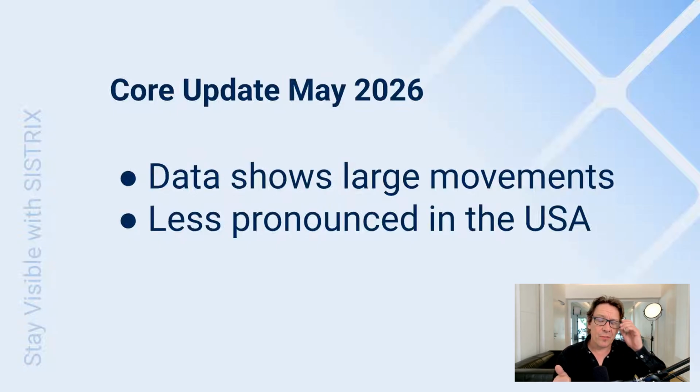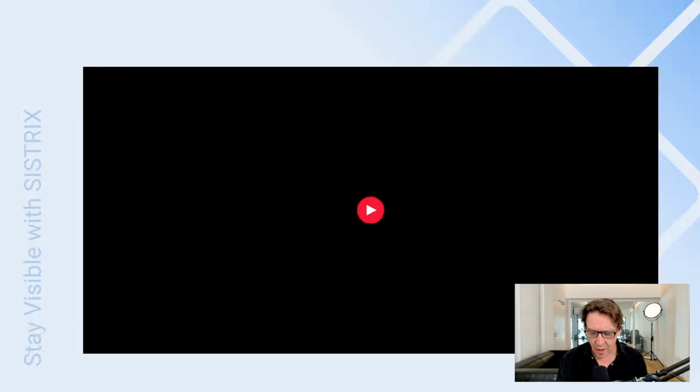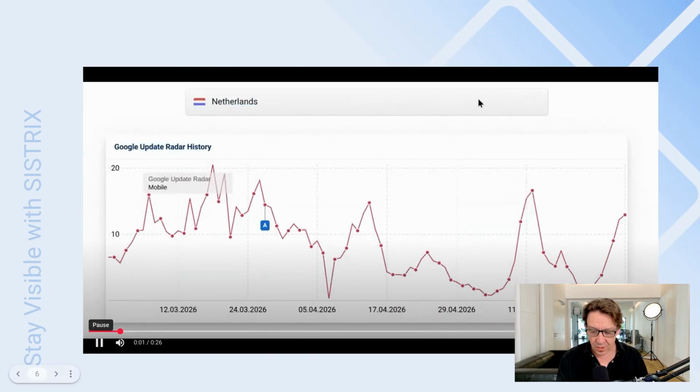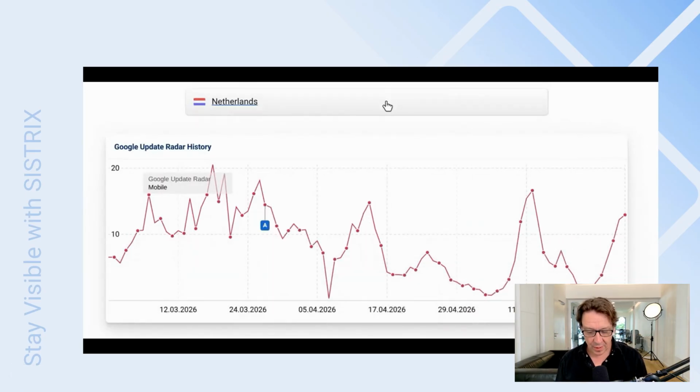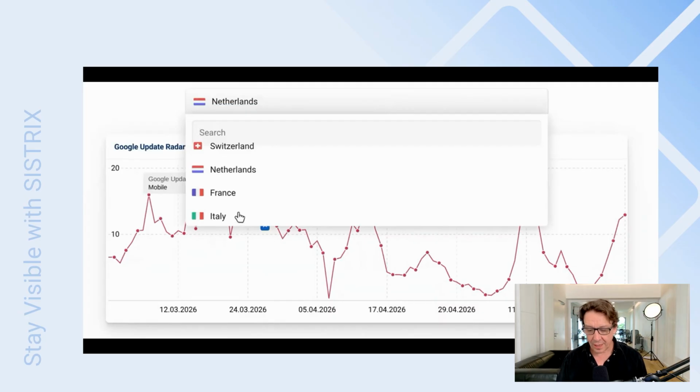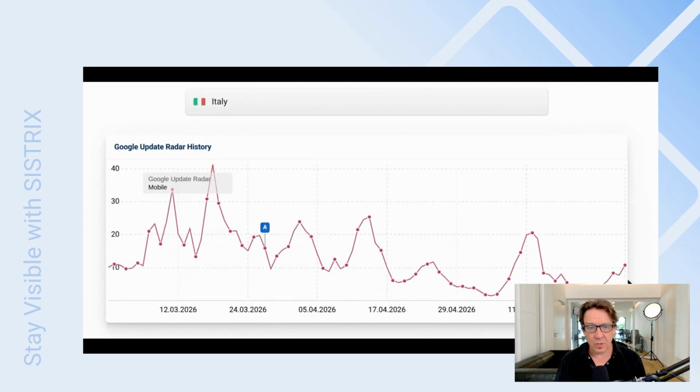The core update's been rolling out for a week now, and there are movements, but interestingly, not so much in the US. Let's have a look at some of the radars that are around. There's Holland, so you can see a big movement over the last week, which compares well with recent ones. Looking at Italy, again, movements over the last week.